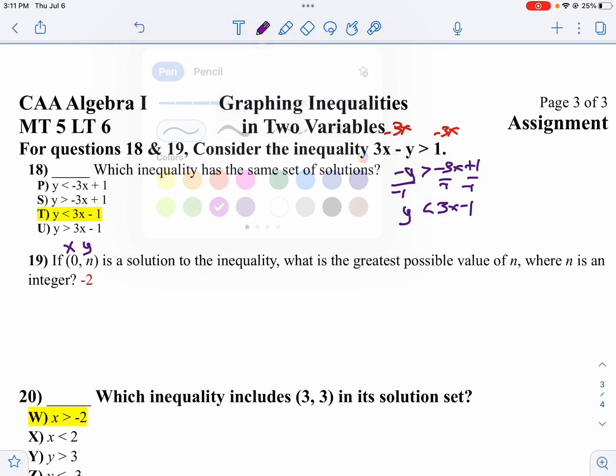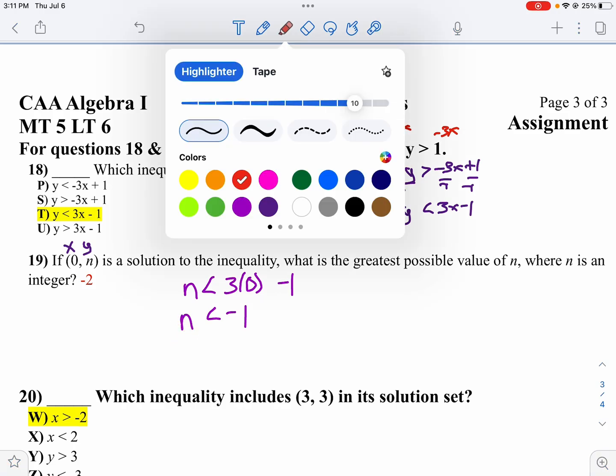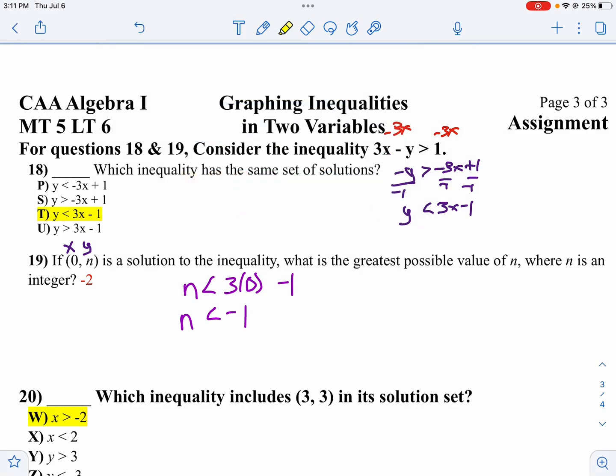So we're going to say n is less than 3 times 0 minus 1. So n is less than negative 1. Notice I can't say negative 1 because that's not less than negative 1. The biggest integer that's less than negative 1 is going to be negative 2. There we have it.